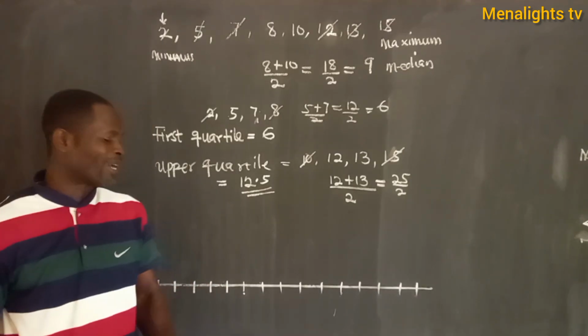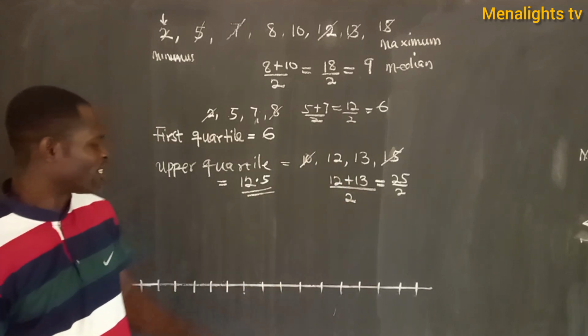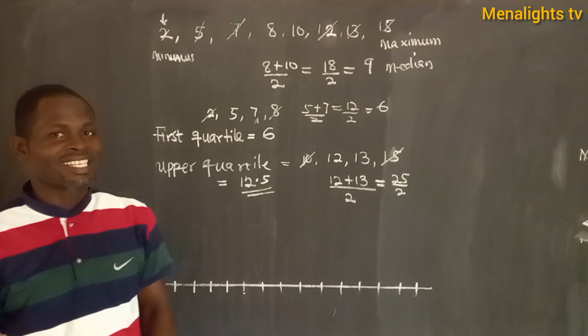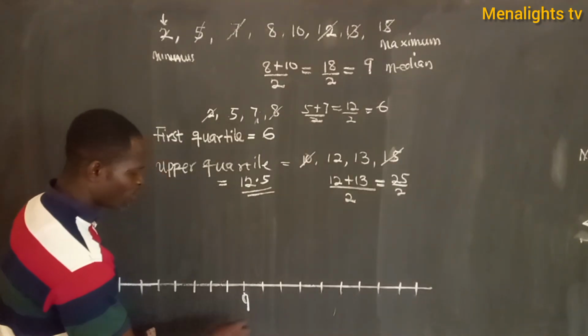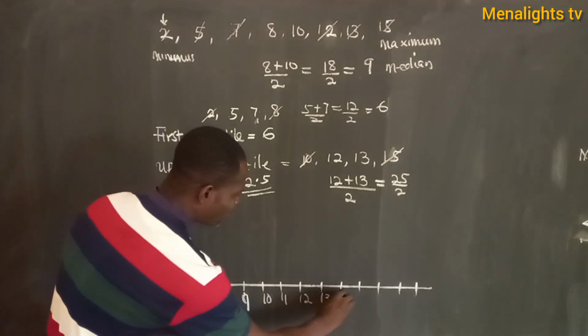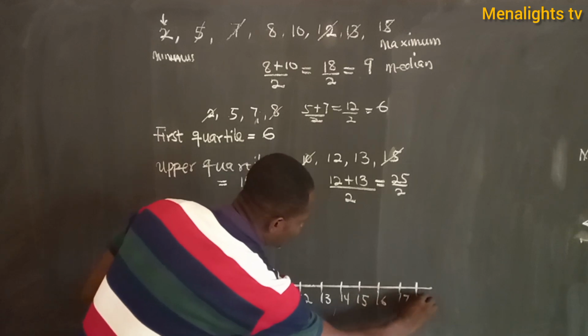So now we have our number line. We are going to plot the box and whisker on this number line. Our median from the calculation is 9, so I will put my 9 here as the median. Then 10, 11, 12, 13, 14, 15, 16, 17, 18, and so on.